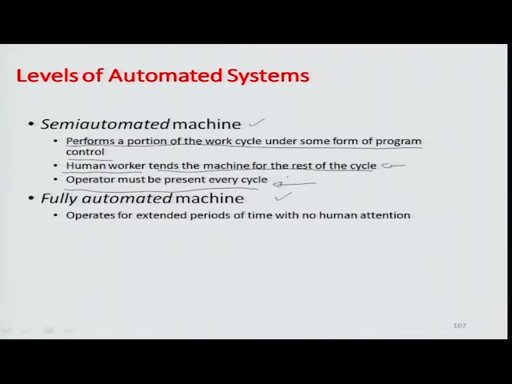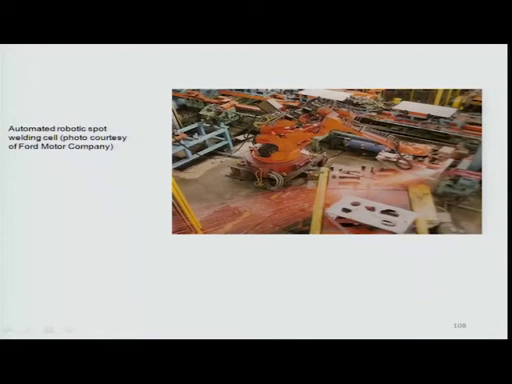And then there is a fully automated machine which operates for extended periods of time with no human attention. In such systems all you need to do is press a button and everything else is taken care of by the system alone. This photograph shows an automatic robotic spot welding cell on an assembly line, pulled from Ford Motor Corporation.